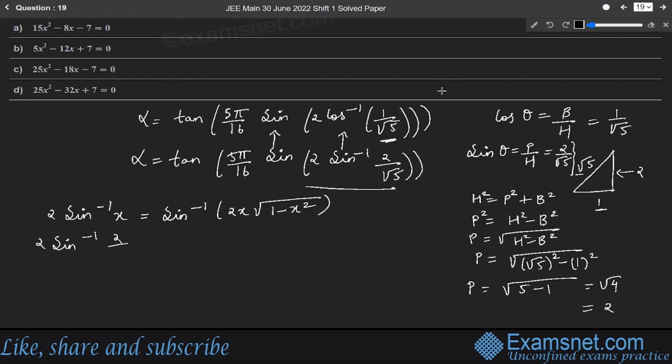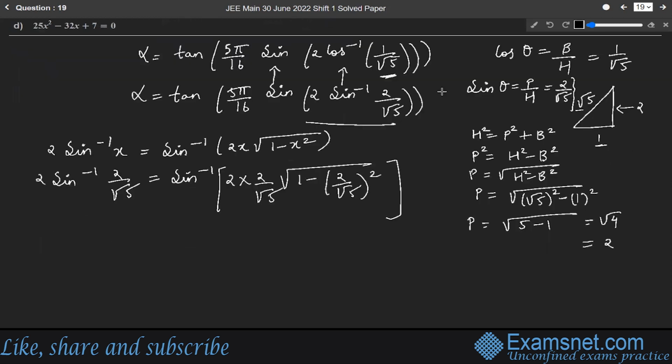Here the value of x is 2 by root 5. So it will be equals to sine inverse of 2 into x, so 2 into 2 by root 5 into under root of 1 minus x square. What is x? 2 by root 5. So 2 by root 5 square. Let us simplify this value.